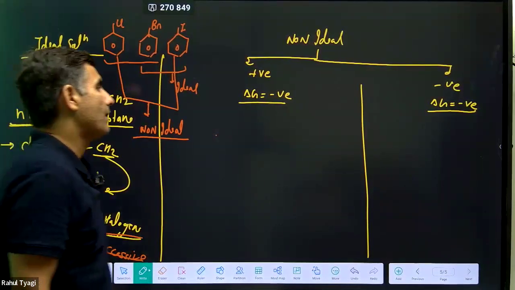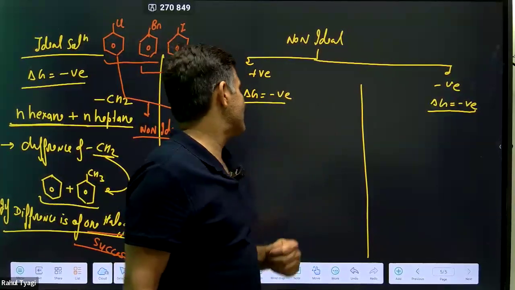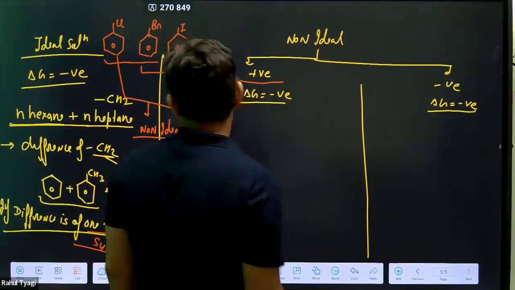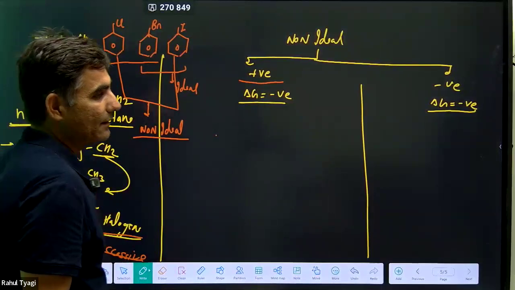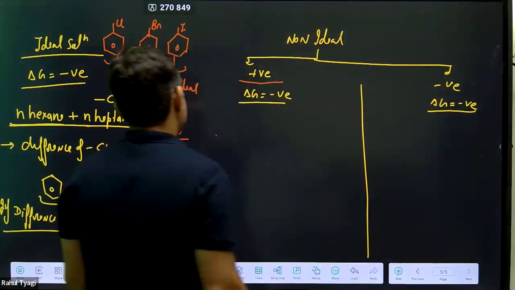Now delta G is negative. Here, in the case of positive deviation, how do I predict whether it's a pair of positive deviation or negative deviation? Let's see.